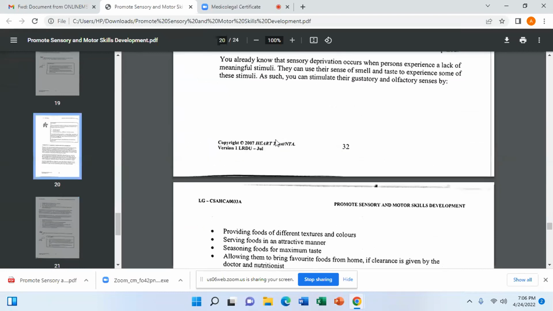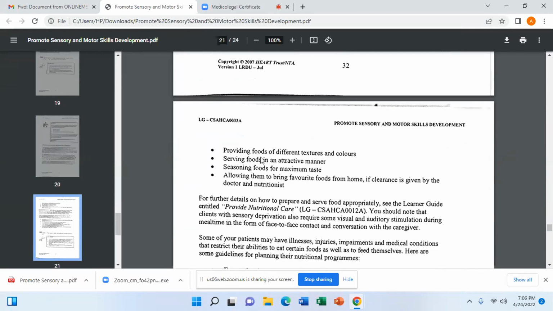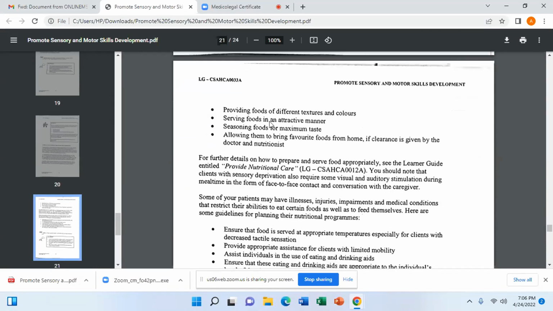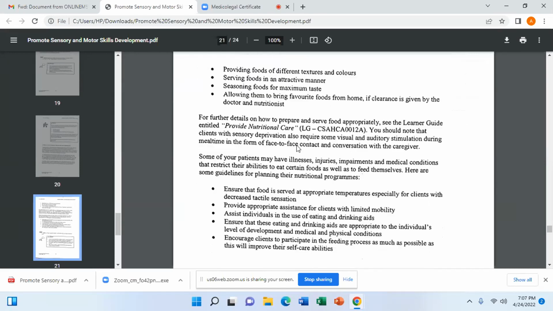As such, you can stimulate someone's taste and smell by doing the following: providing foods of different textures and colors, serving foods in an attractive manner, seasoning foods for maximum taste, and also allowing them to bring favorite foods from home if clearance is given by the doctor or the nutritionist.